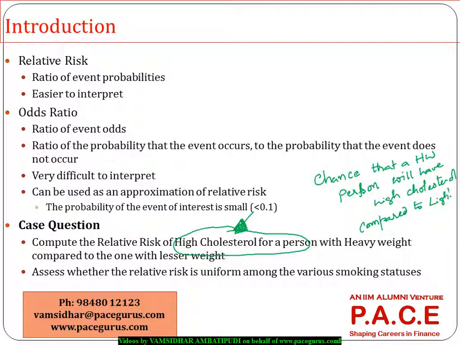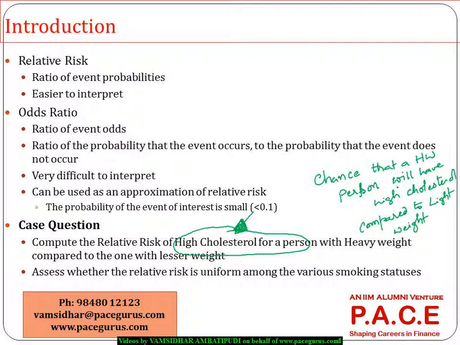So here I am talking about two sets of people, a heavyweight person versus a lightweight person. Similarly, with respect to cholesterol also, I am saying high cholesterol versus low cholesterol. So these are the four categories I am looking at.